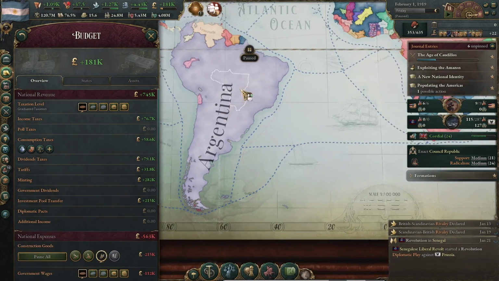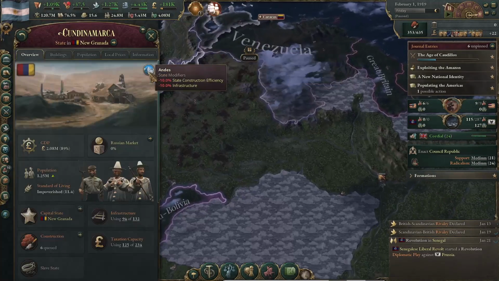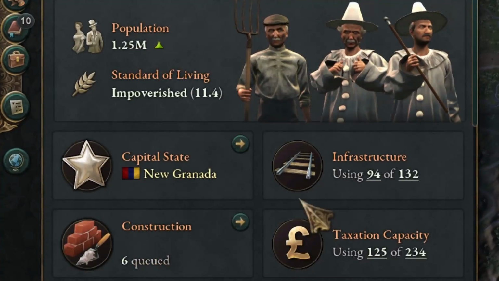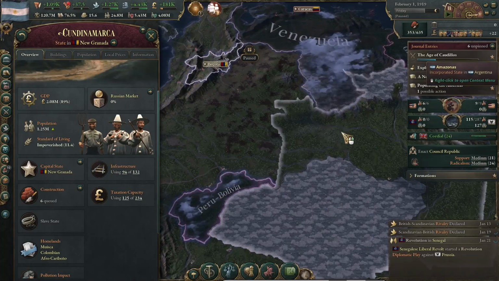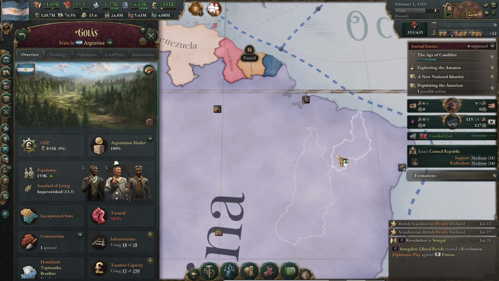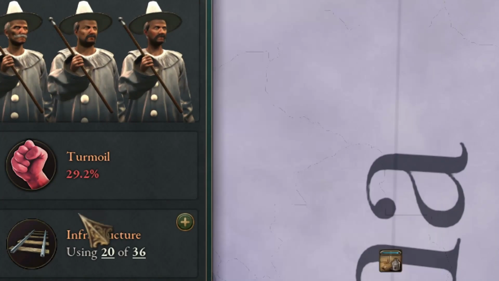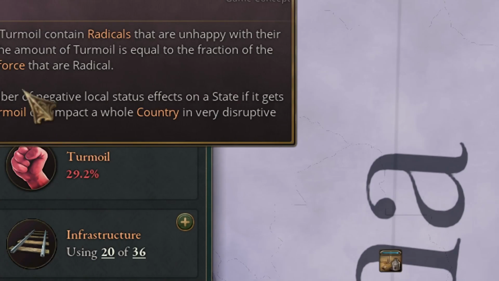Also, there is another nice side effect in newly acquired provinces, and you're going to be seeing, not here, let me see if I can find a newly acquired province. Well, you have turmoil, and turmoil has a penalty in taxes, in local taxes.